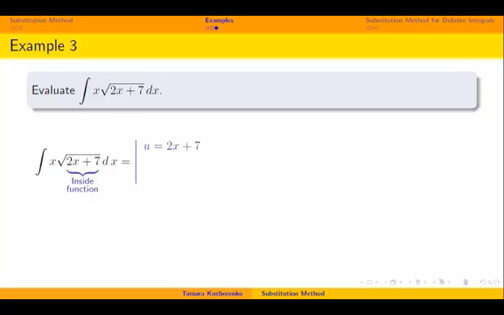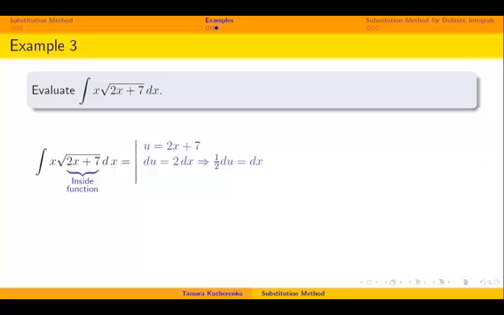We set u equals 2x plus 7. Then du equals 2 dx. As before, we divide by 2 and obtain that 1/2 du equals dx.